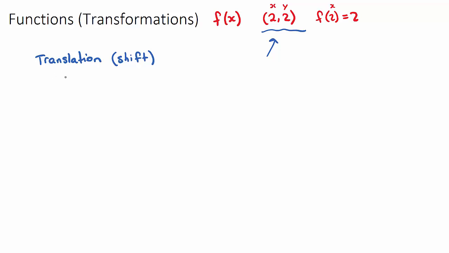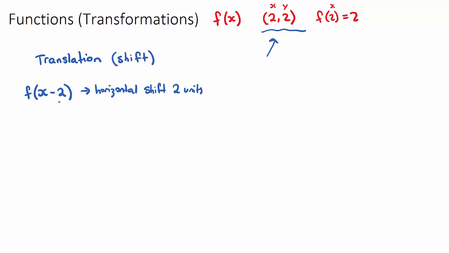The way we can express our shifts and our translations is f of x. Now I'm going to put a horizontal shift in here, so f(x - 2). What this means is a horizontal translation or shift 2 units, because it's 2 here, and this is actually 2 units to the right.